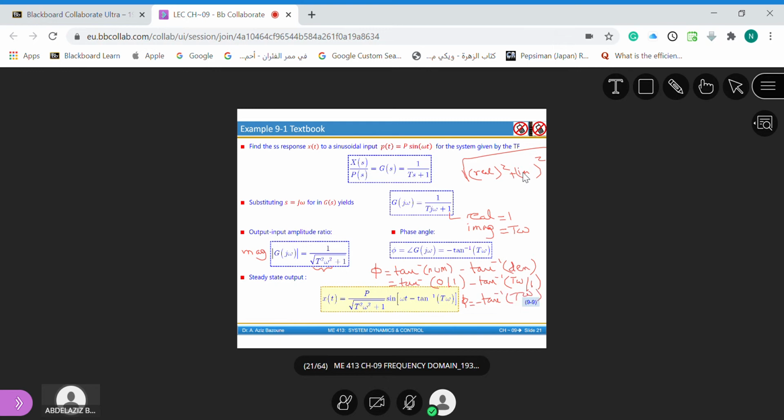And this is the phase angle. The magnitude is the same thing. Now, x(t) will be equal to the amplitude of G(jω), 1 over the square root of T²ω² plus 1, or I will put it to the power 0.5, multiplied by the amplitude of the input, which is given to be P. This is our capital X. And then sin(ωt + φ), where φ is minus tan⁻¹ Tω.